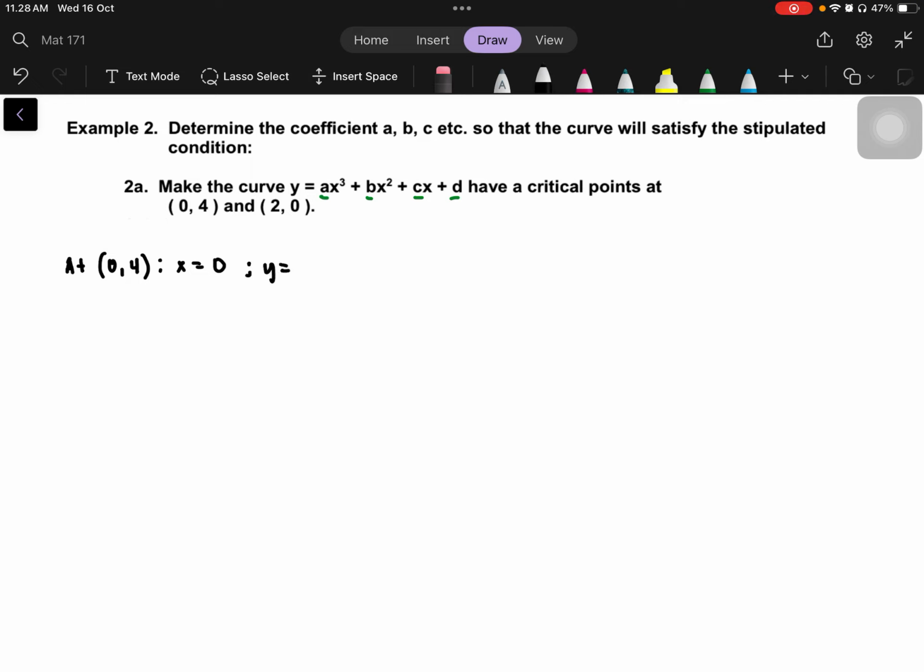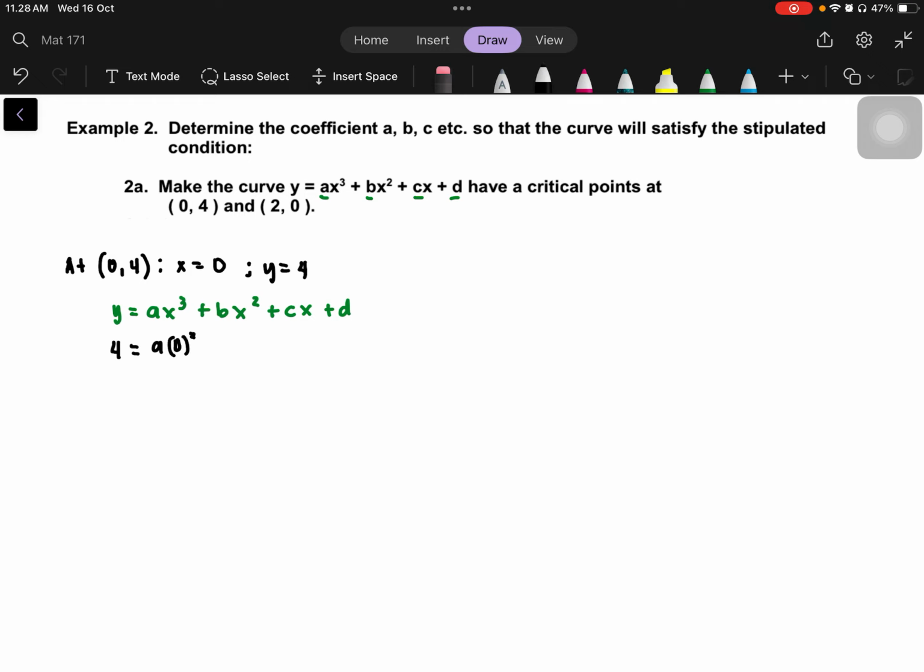So, ibig sabihin, kung at 0, 4, x is equal to 0, then y is equal to 4. Okay, so using our equation na binigay, y is equal to ax cubed plus bx squared plus cx plus d. Okay, so kung 0 daw si x, substitute lang natin lahat ng 0. Then 4 daw si y.